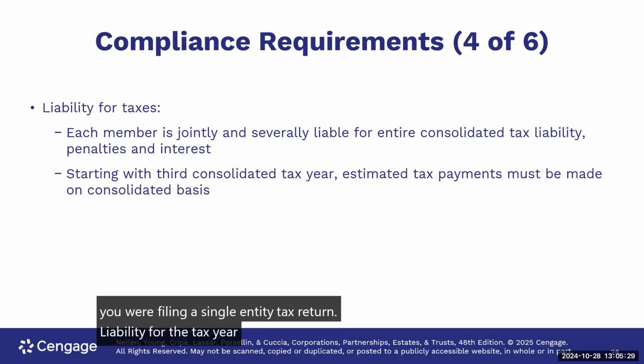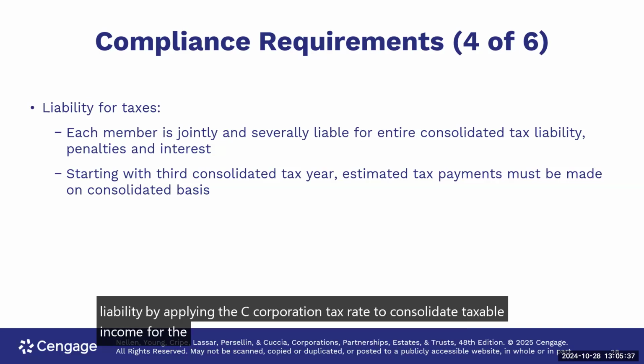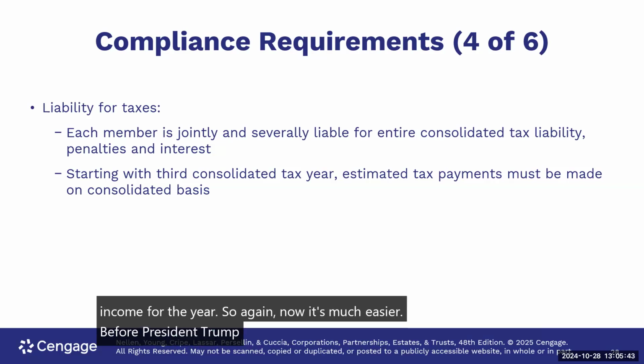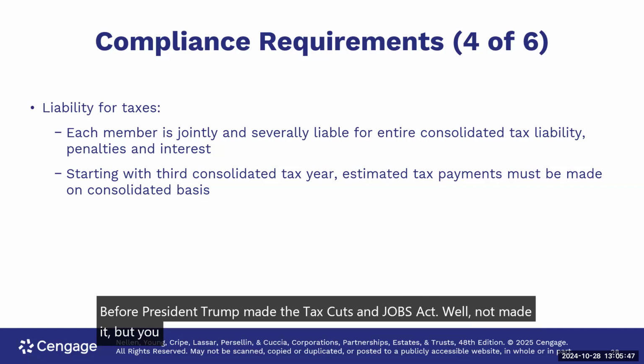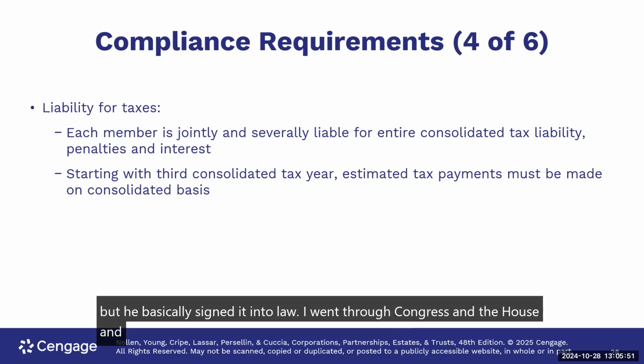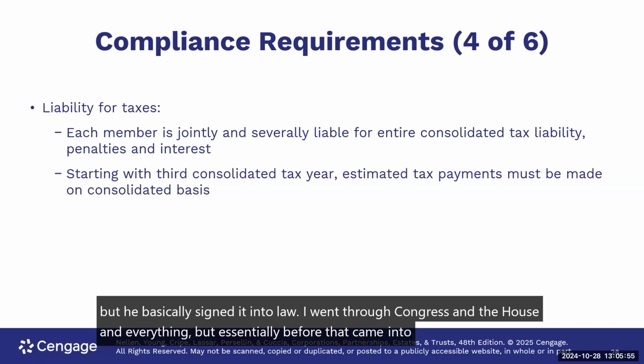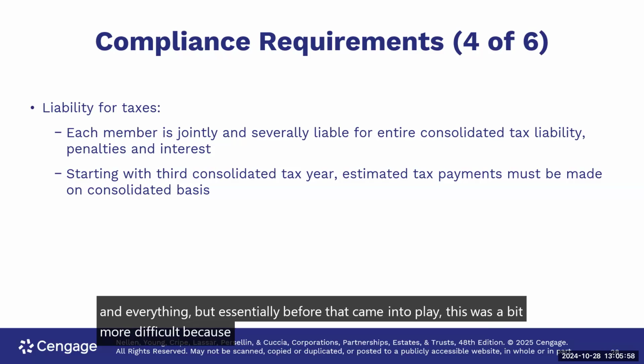Liability for the tax year. An electing group computes its regular tax liability by applying the C corporation tax rate to consolidated taxable income for the year. Now it's much easier. Before President Trump signed the Tax Cuts and Jobs Act into law, after it went through Congress and the House, this was a bit more difficult because it was on a progressive tax rate.